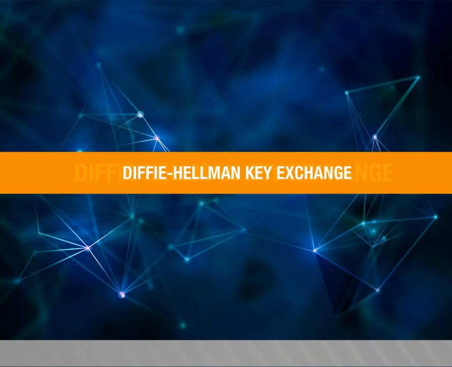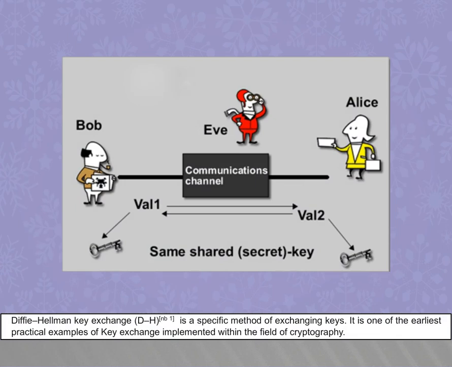Diffie-Hellman key exchange. In this video, we are going to see about Diffie-Hellman key exchange. Diffie-Hellman key exchange is a specific method of exchanging keys. It is one of the earliest practical examples of key exchange implemented within the field of cryptography.